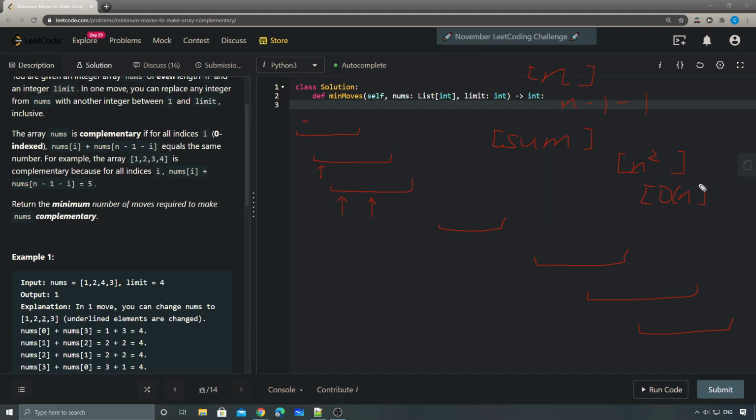O(n), right? Basically, every time we enter a range, we do a -1, right? So here is also -1, and when we are outside of the range, we do a +1. Here we do a +1. We also do a +1.